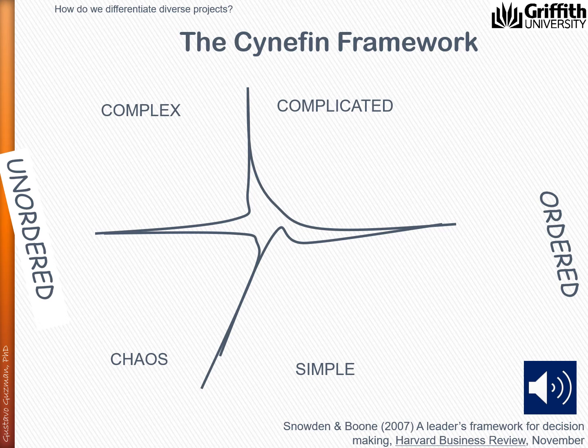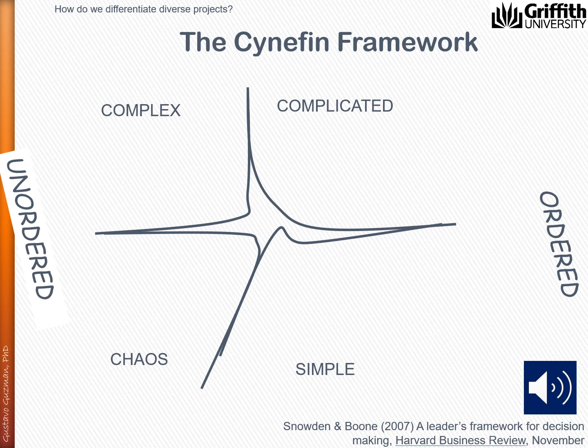On the left-hand side of the slide, we can see the domain of unorder or emergent order. In this domain, the interrelationships between agents or elements of the system are unclear. The prevailing cause and effect relations are unknown. So, it is not possible to develop general rules in order to know how to act in this domain.